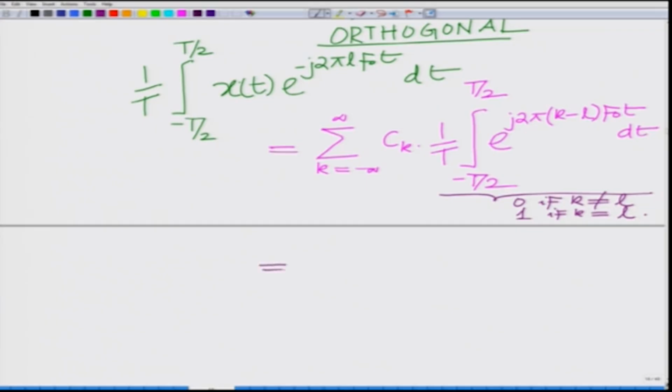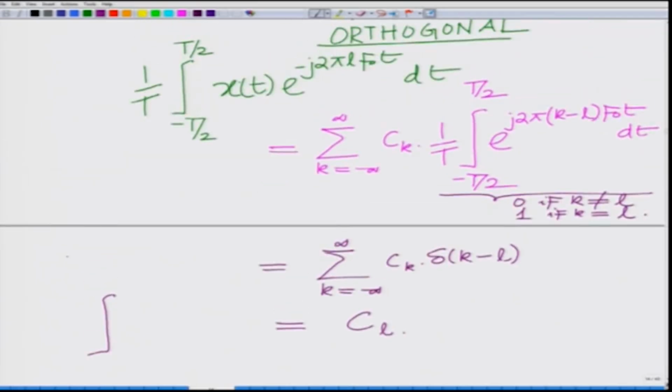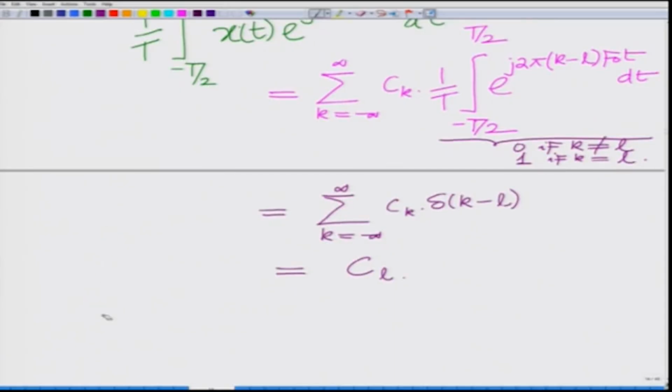You can also write this as the summation over k of Ck delta(k − L), because delta of 0 is 1 and delta of any other integer n is 0 if n is not equal to 0. Therefore, this is simply equal to CL.